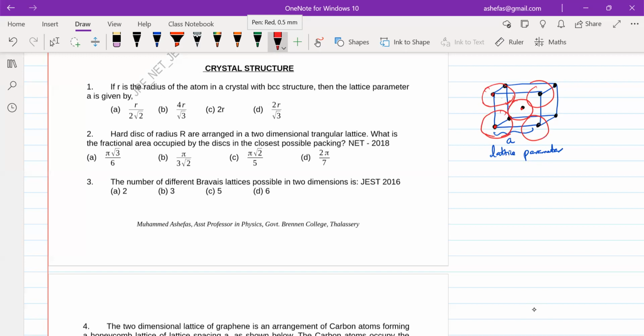But if you are going for a simple cubic system, in the case of simple cubic, the atoms are present only at the corners. So I have drawn only one face of the cube now.